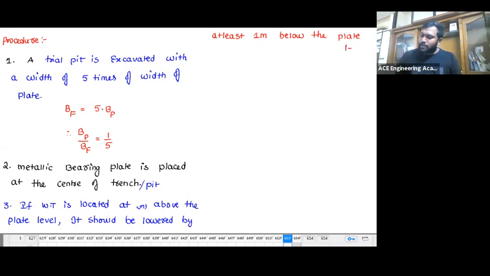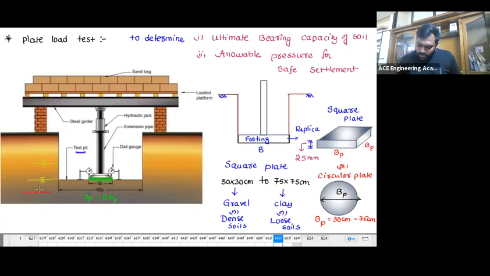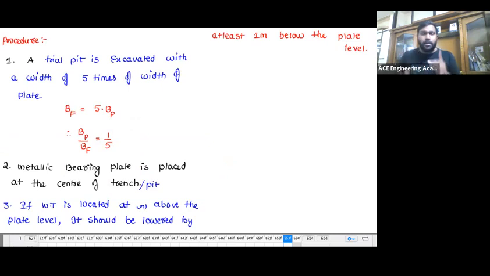Sir, what if the water table itself is 1 meter below the plate level, sir? Sir, initially if the water table is 1 meter below, then you don't need to do any lowering. So if the water table is at or above the plate level, you have to lower it down to at least 1 meter below the plate level.